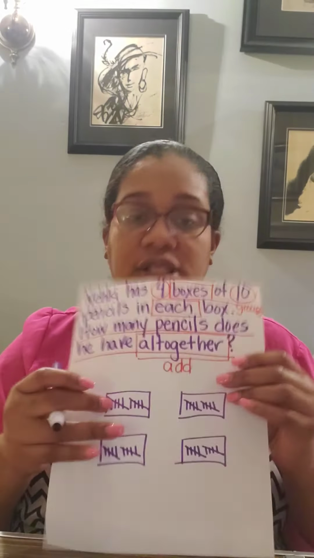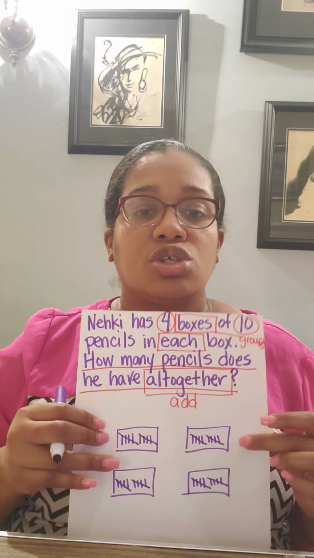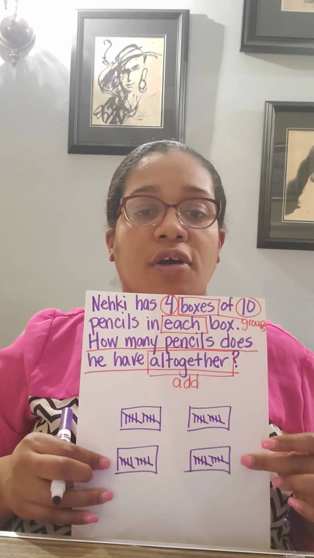Now the question says, how many does he have all together? So just like we did yesterday, I have groups of 10. I don't need to count them one by one. I need to count them by 10. So let's count them by 10. 10, 20, 30, 40.